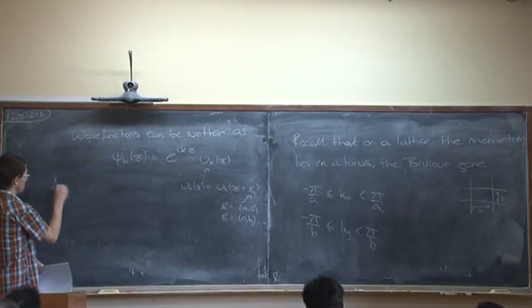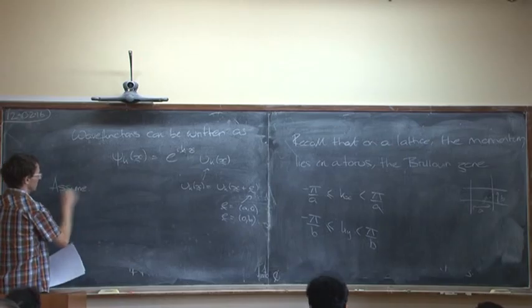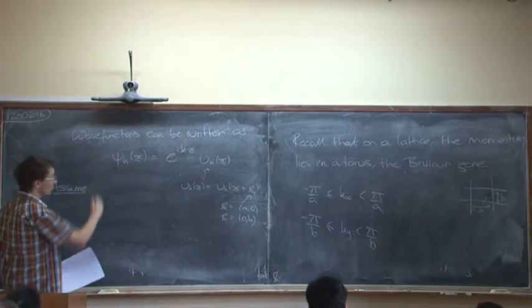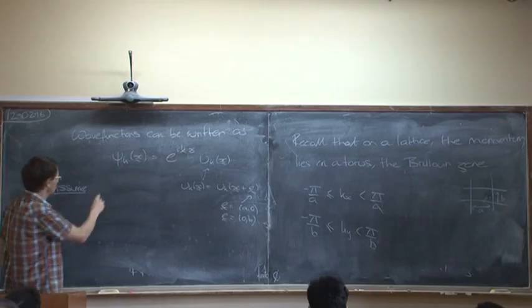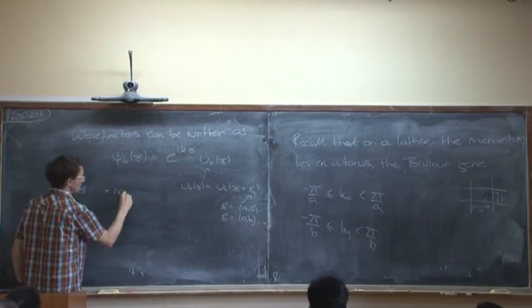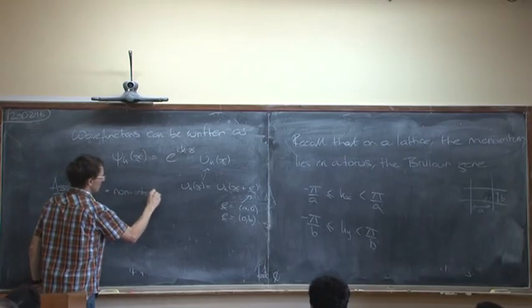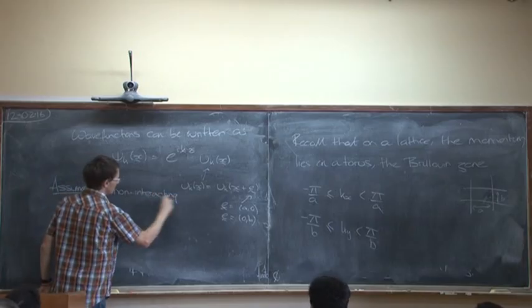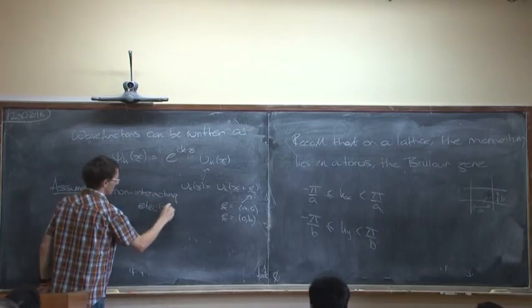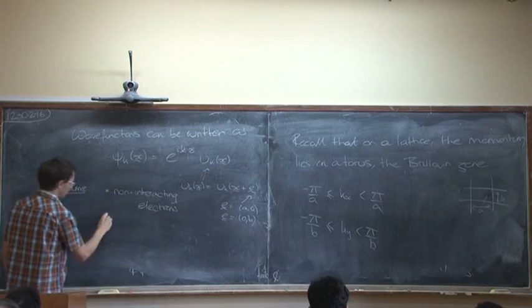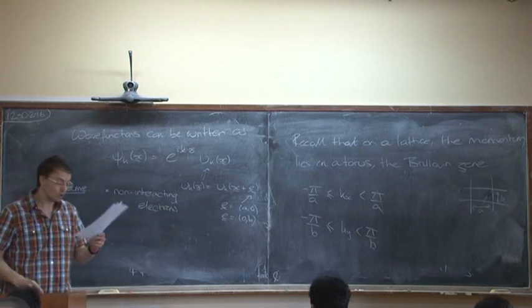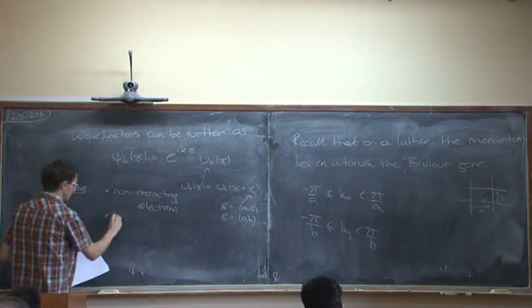Okay, so then we're going to assume a bunch of things. This obviously is for a single electron. We're going to assume that we're working with non-interacting electrons, and that we're in an insulating state.